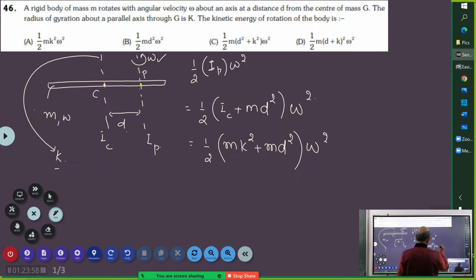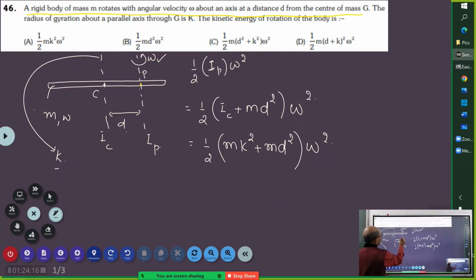Sir, they have given the radius of gyration about the parallel axis through G. See, now that's what I am telling you. See, the first part of the problem you read. What does it mean?